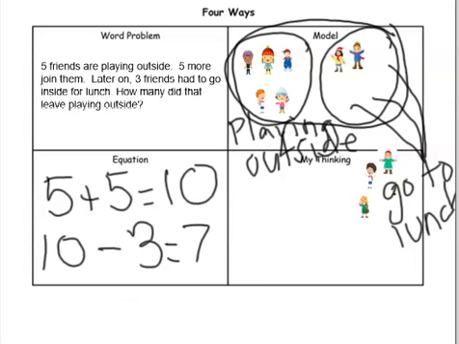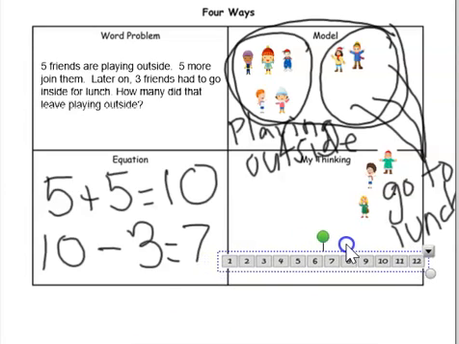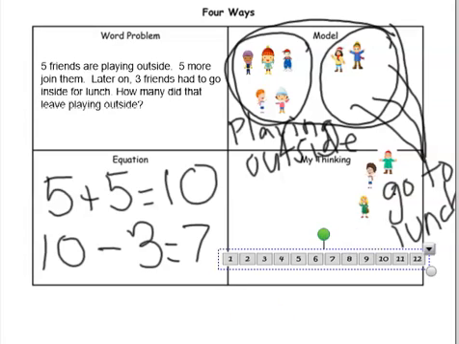Well, I'm going to think of a number path. Okay, so we had 5 friends, right? And then we added 5 more friends, but then we had to take 3 friends away because they went to lunch.